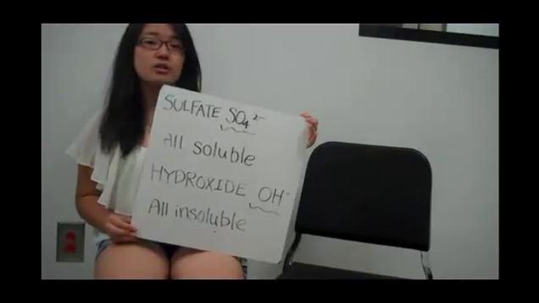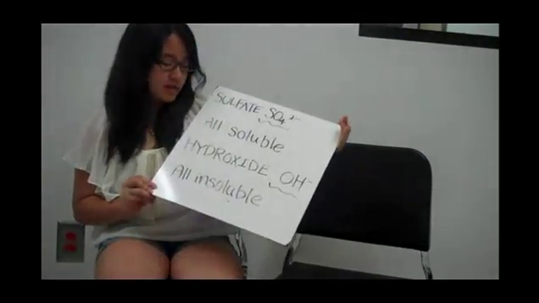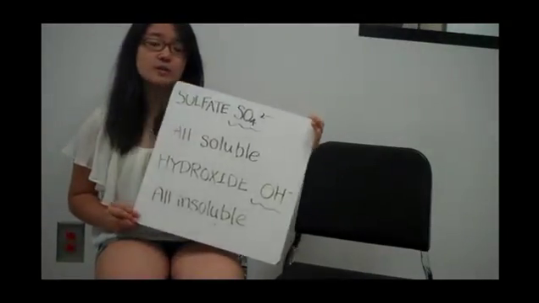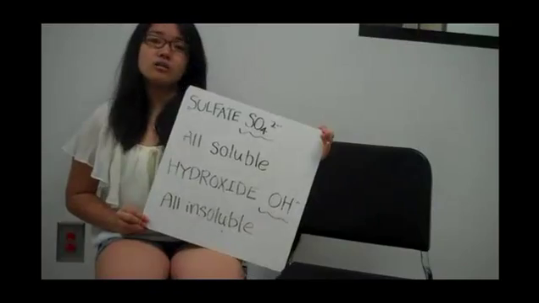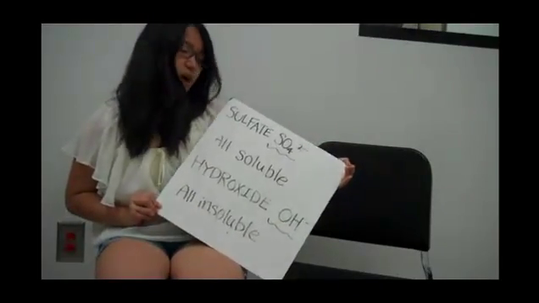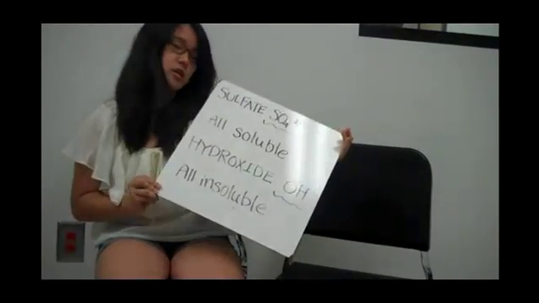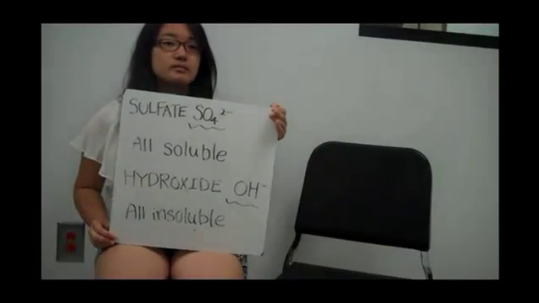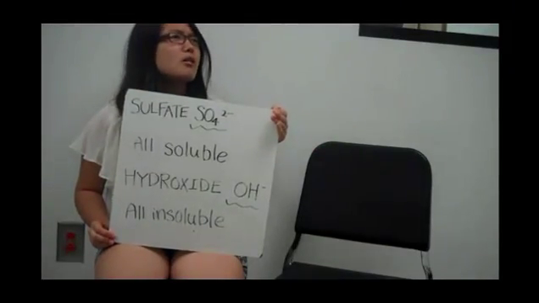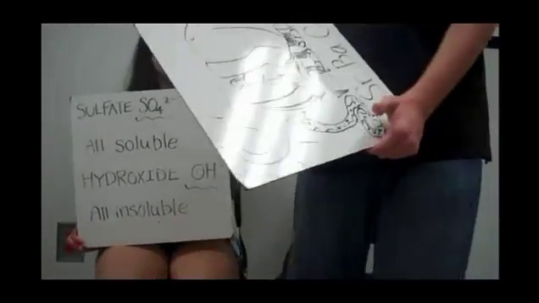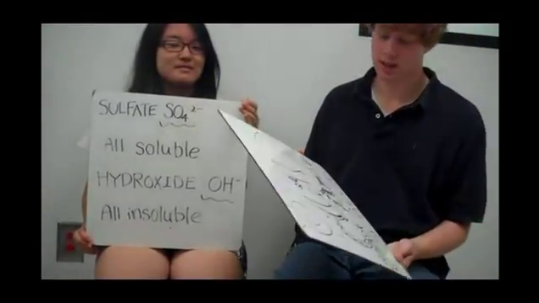Now let's talk about other substances, such as sulfates and hydroxide. Sulfate, SO4 2-, is all soluble, and hydroxide, OH-, are also all insoluble. Now that's just not true. There are a few exceptions for this too, and I brought my mnemonic device this time.